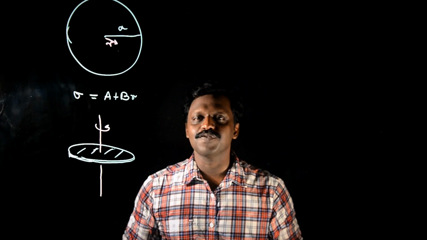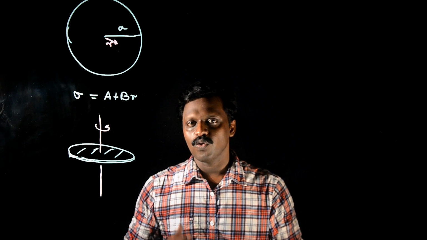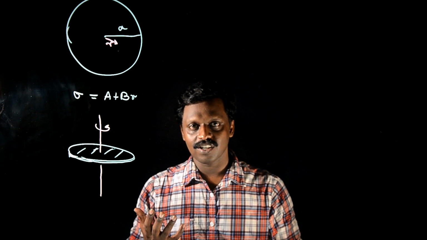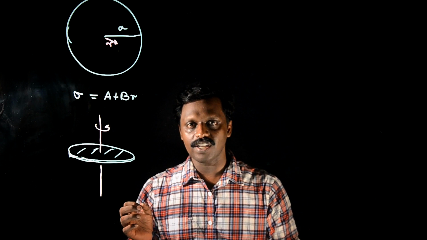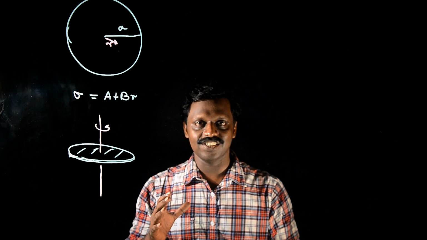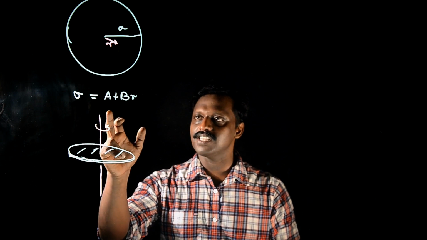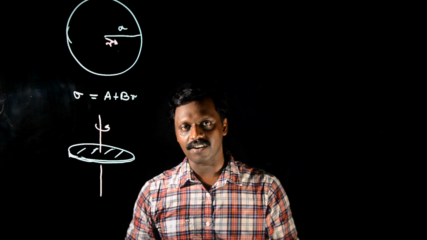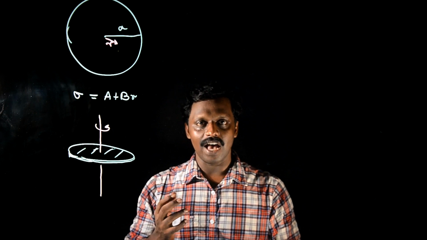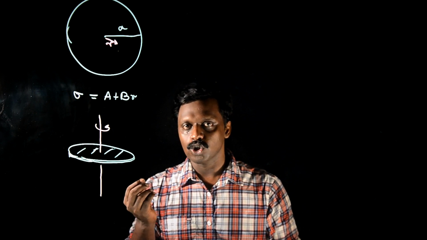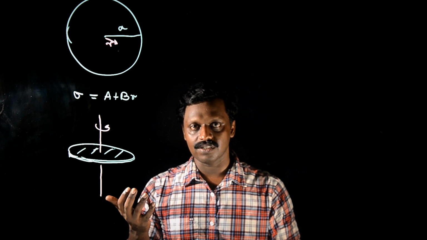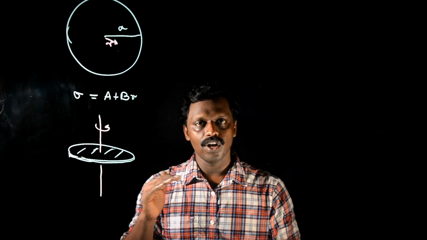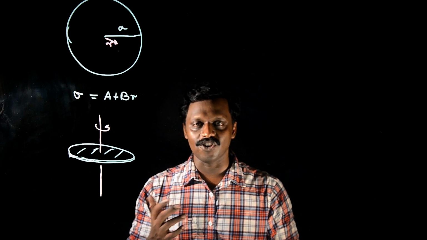This question is from Rotational Dynamics. We are having a disk whose surface mass density varies with radial distance as sigma is equal to A plus BR. So that means as we move from the center of the disk towards the outer surface, its density varies. So the mass per unit surface area is not constant.